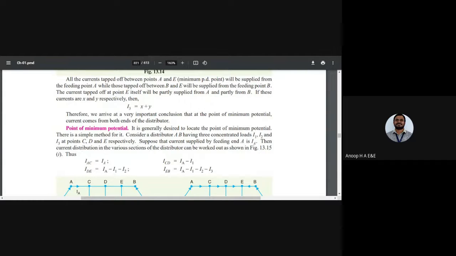If you have any doubts up to this point regarding the distributor fed at both ends, you can unmute yourself and talk with me.